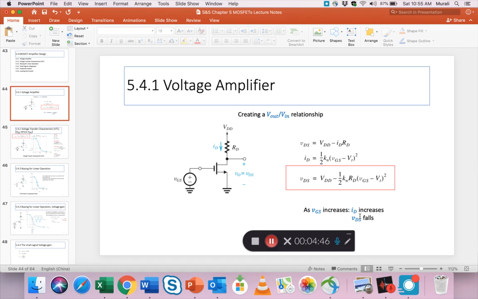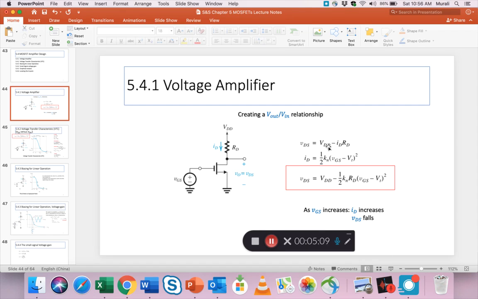One other thing that I'll mention here, because this becomes important later on to remember: as VGS increases, ID increases. It's actually a square relationship. So ID is proportional to the square of VGS. As VGS increases, ID will increase in a square way.